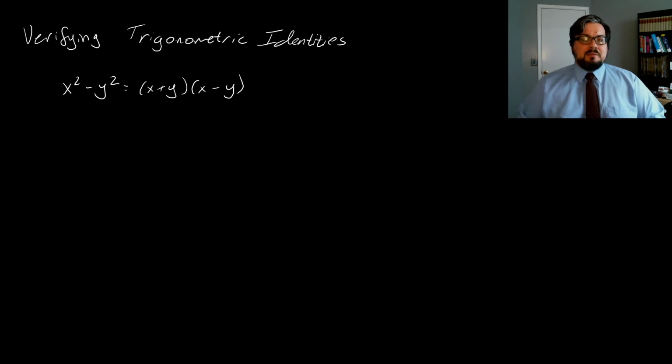Much of the time, we are going to be interested in working with identities involving trigonometric functions. Part of that is because there are so many relationships between the six trigonometric functions that usually a given expression has many equivalent forms.